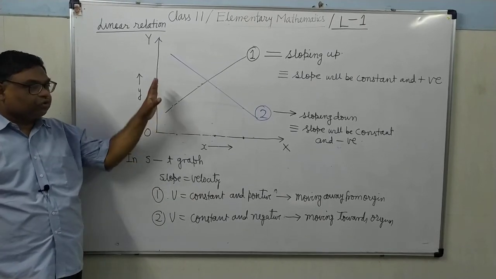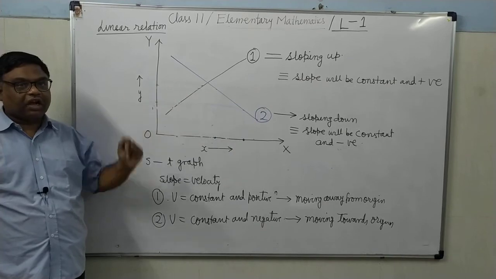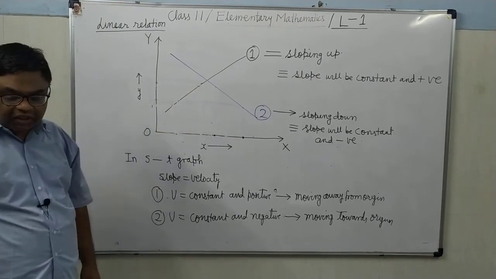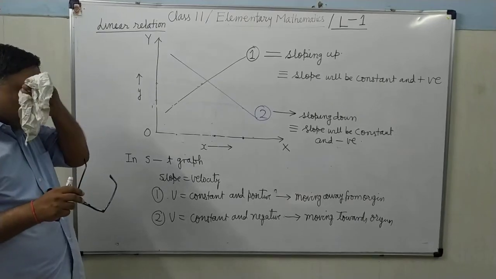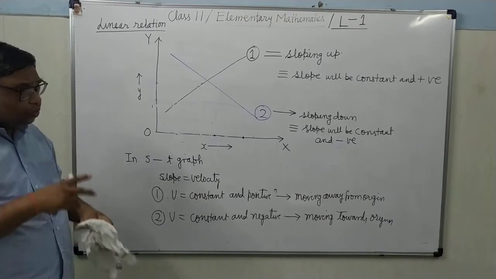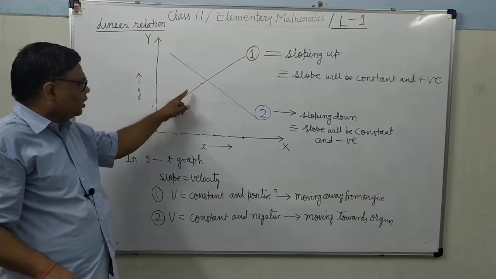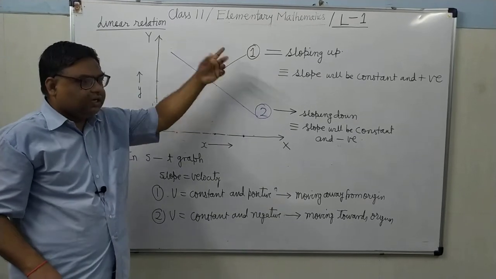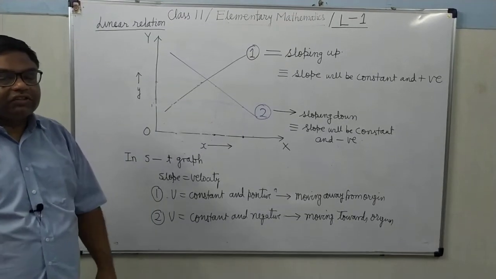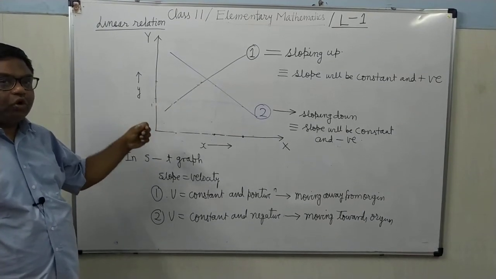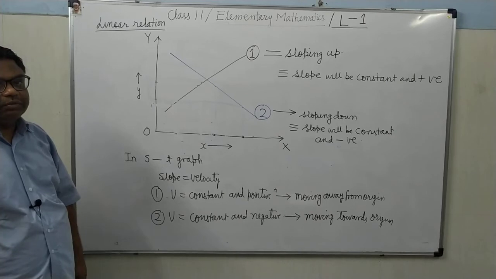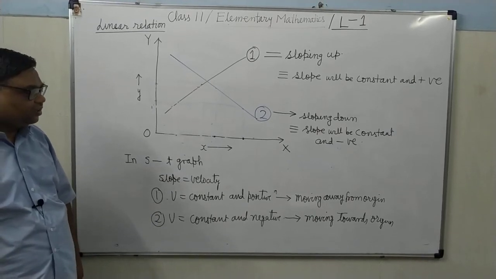It is very simple because the graph is a straight line and the slope is uniform throughout. You can take any 2 points on the graph, one here, other here, anywhere. Slope will come out the same because the slope is constant. It has a fixed value.